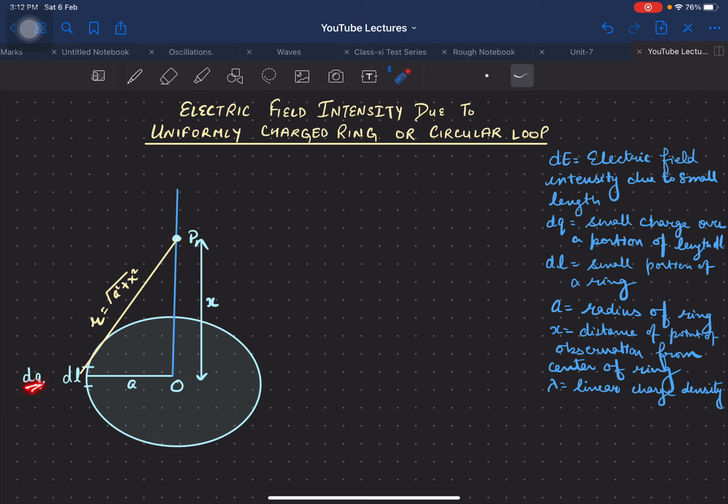Therefore this small charge dq will repel the charge placed at point P, and the direction of electric field intensity will be along this line which is extended further. As this is a very small portion, the electric field intensity because of this small portion of charge will also be very small and its value will be taken as dE.